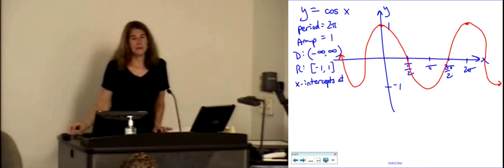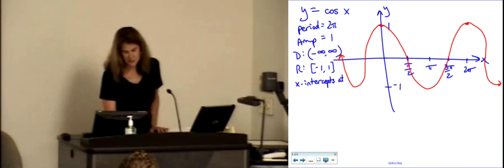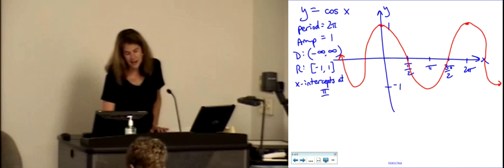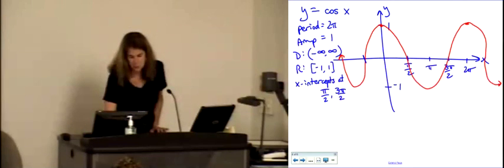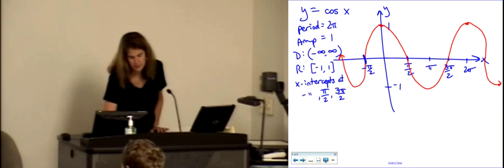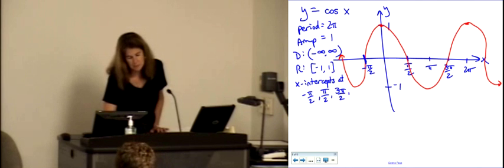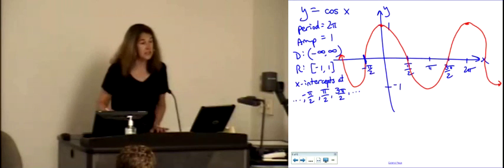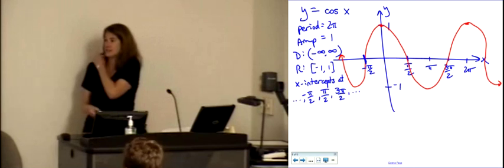All right, x-intercepts. X-intercepts are where on this one? You see them? Pi halves, 3 pi halves. What's this one back here? Negative pi halves. That would be negative pi halves, right? Again, they keep on going because the graph continues infinitely. So do the x-intercepts.